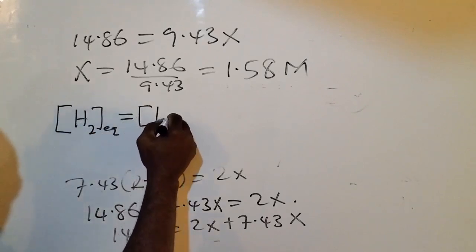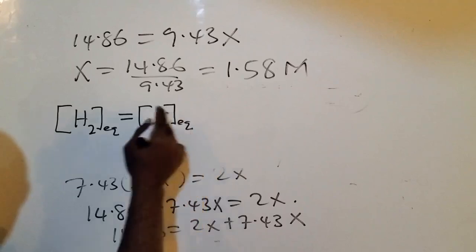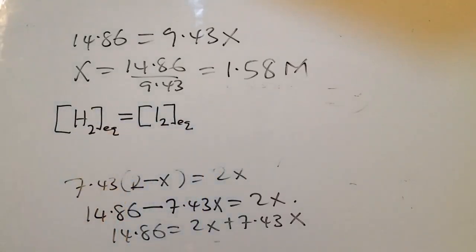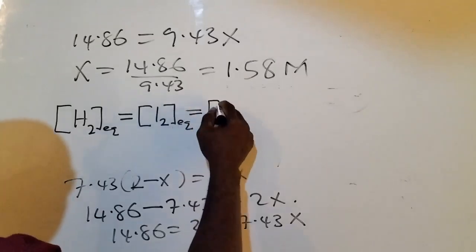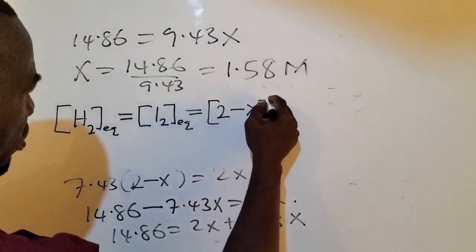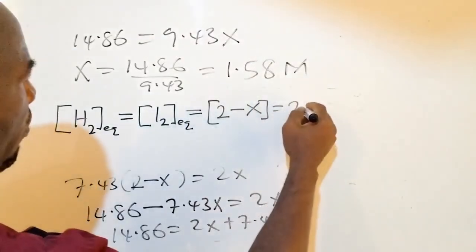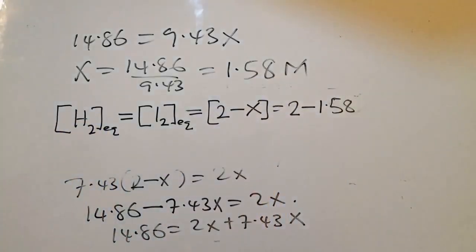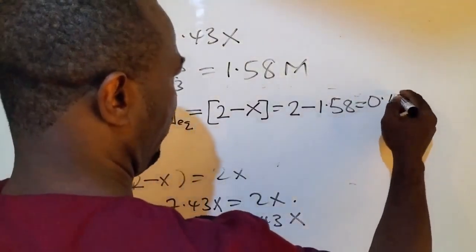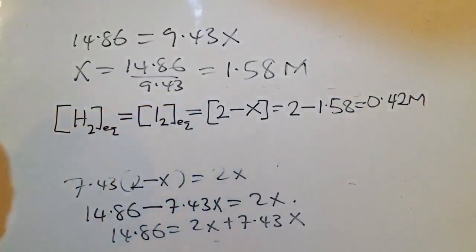In the balanced equation, we have 1 mole of iodine and 1 mole of hydrogen reacting together, and that is what we have as 2 minus S from the ICE table. So that becomes 2 minus 1.58, since S is 1.58. When you subtract, we have 0.42. So the concentration of hydrogen and iodine at equilibrium is 0.42 mole per dm³.